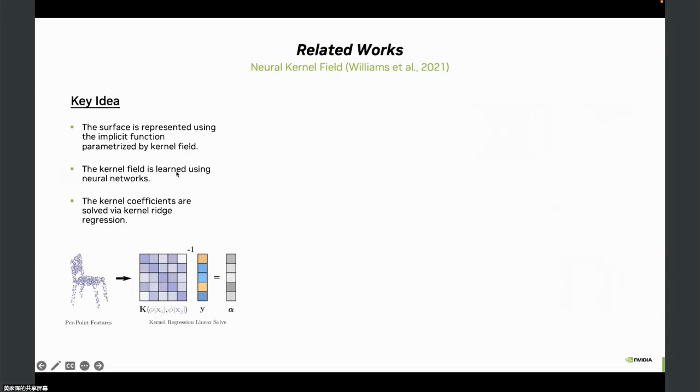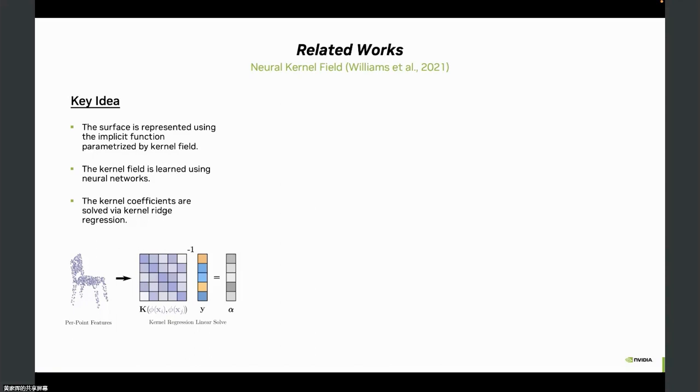The kernel field is learned using neural networks. The kernel here resembles the basis functions that we talked about before, and the kernel coefficients resemble the scale of the basis functions.